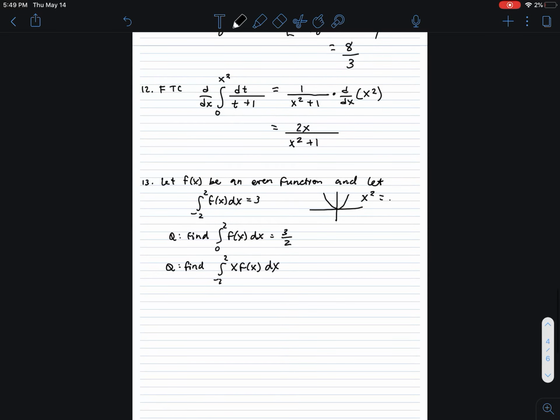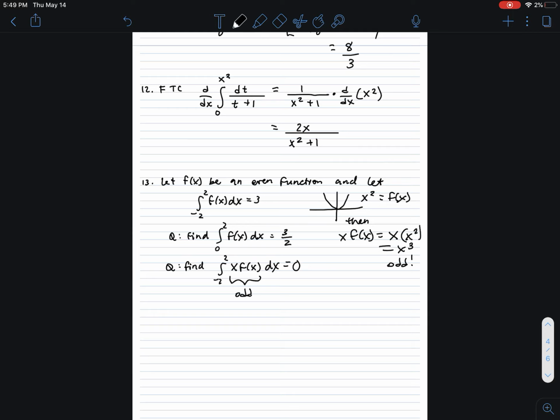Then x times f of x is x times x squared, which is x cubed, which is an odd function. So this guy down here is odd because f of x was even, and we know that the integral from -a to a of an odd function is just 0. So we could also calculate that.